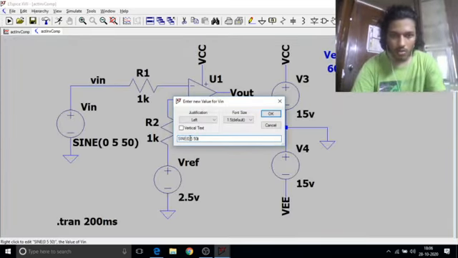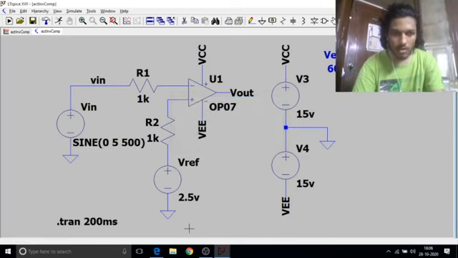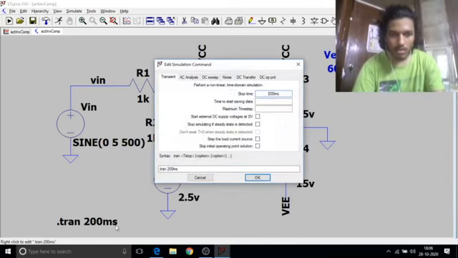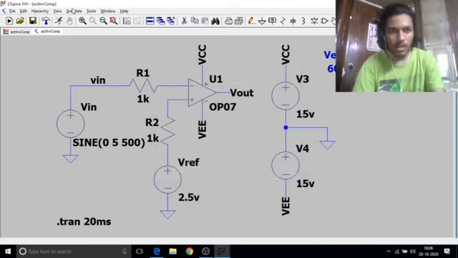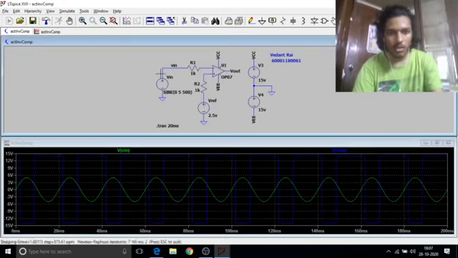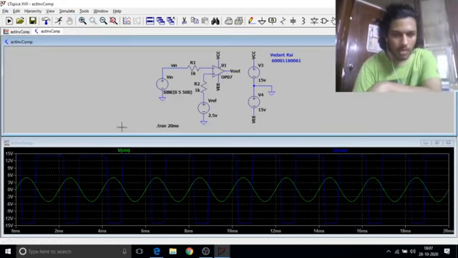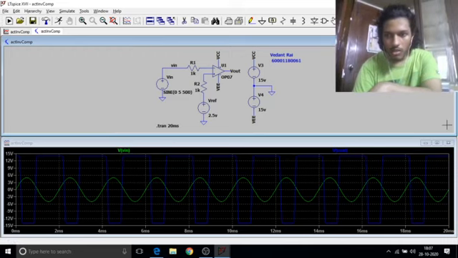If we go to 500 and we change the stop time to 20, we'll get a similar output. We run it, we get a similar output with some changes in the quality of the wave.